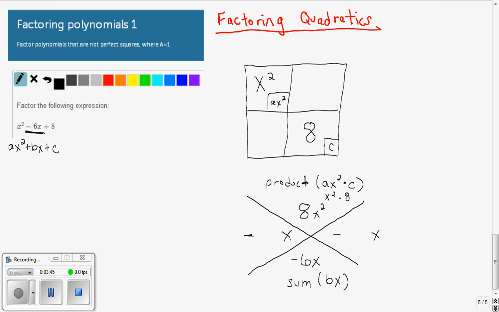So I'm going to have negative 2x and negative 4x. Negative 2x times negative 4x gives me a positive 8x squared. Negative 2x plus negative 4x gives me negative 6x. So these do work. I take these two numbers and plug them into the empty places in my generic rectangle.